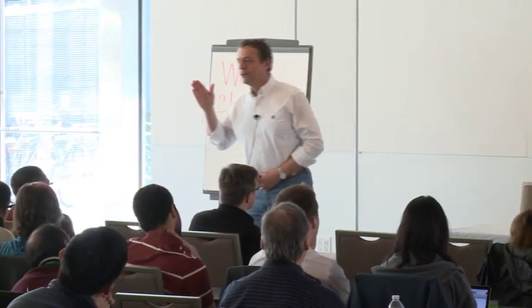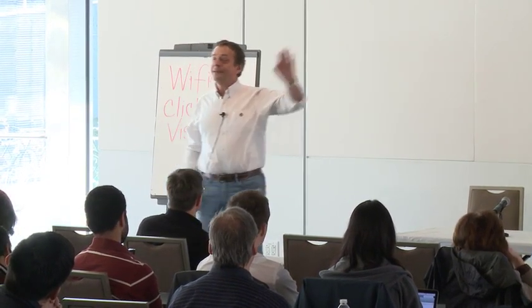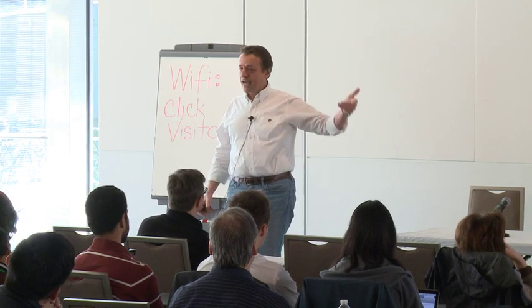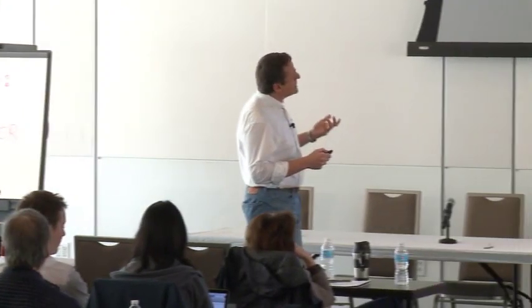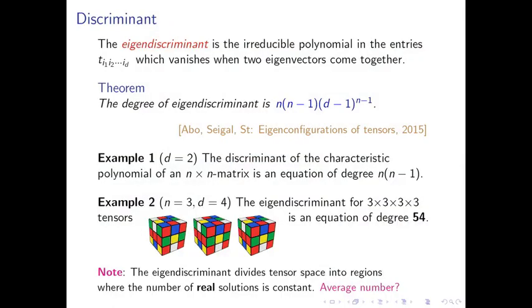If you unravel the definition of eigenvector, it was really a fixed point of the gradient map. But the gradient really lives in the dual vector space. So tacitly, I've chosen a quadratic form, and that means that eigenconfigurations and the eigendiscriminant are not invariant under the general linear group, but only invariant under the orthogonal group.